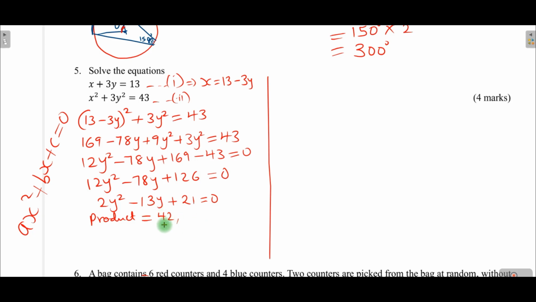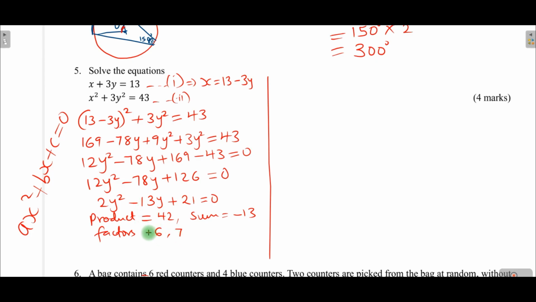Then I need to get the factors of 42 such that the sum will be minus 13, and therefore the factors of 42 I will have are 6 and 7. But I need to note that if I add 6 and 7, it will give me positive 13 and not negative.